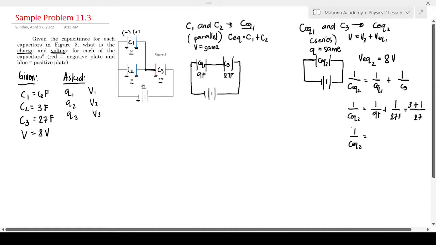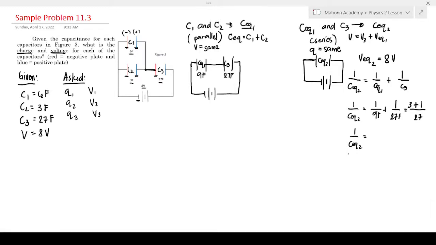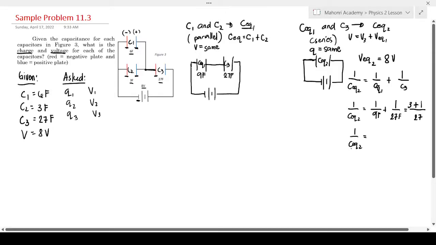So 1 over CEQ2 is equal to 0.148148. And remember, this is not yet your CEQ2, this is just 1 over CEQ2.